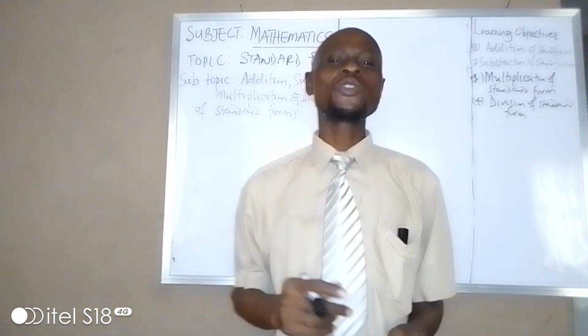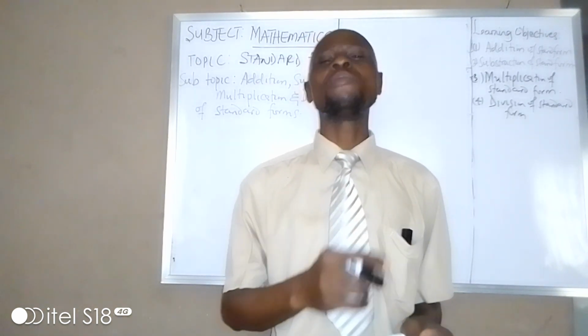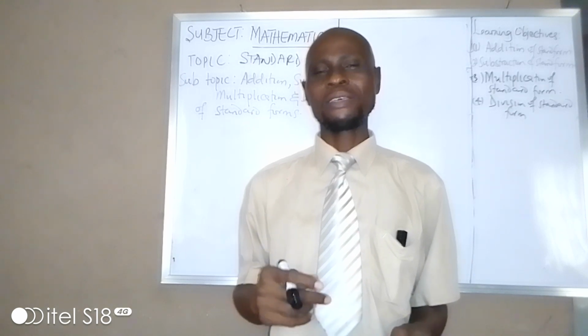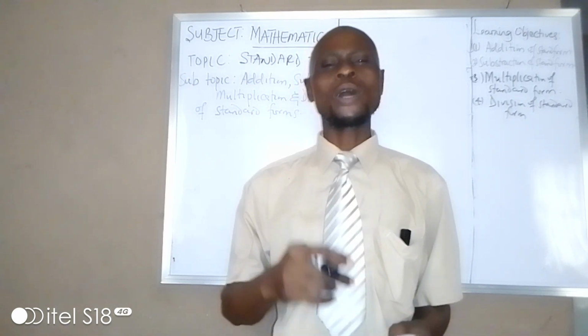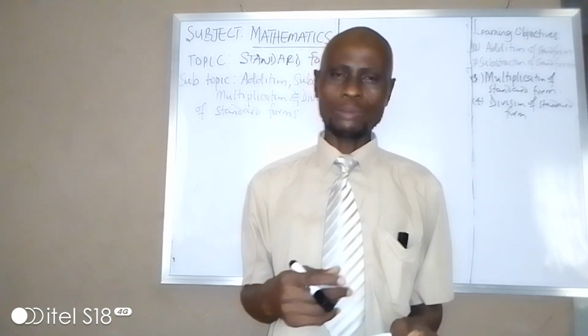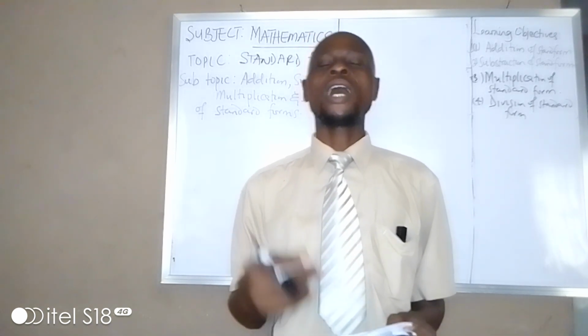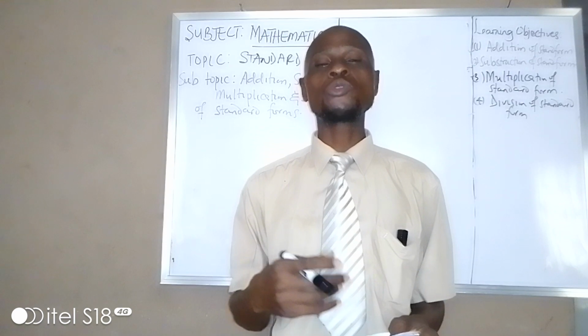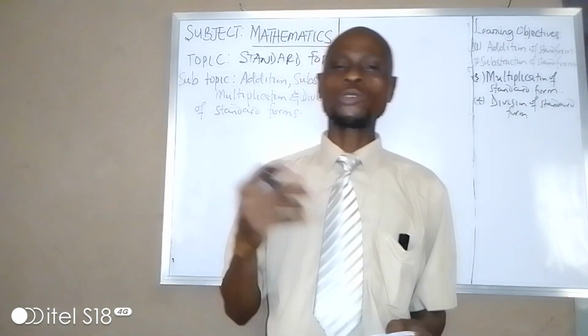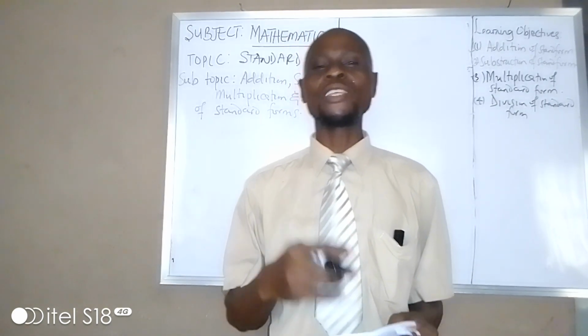Which subject are we going to be looking at today? We are going to be looking at mathematics. And what is the topic? We are going to be looking at the standard form. The last time I explained how to change from ordinary form to standard form and how to change from standard form to ordinary form.